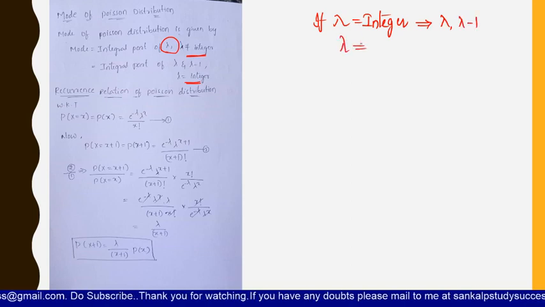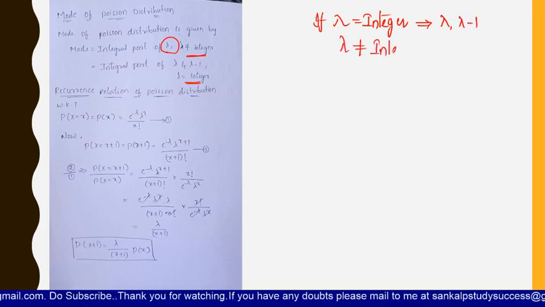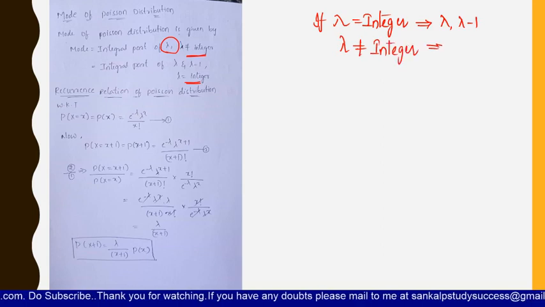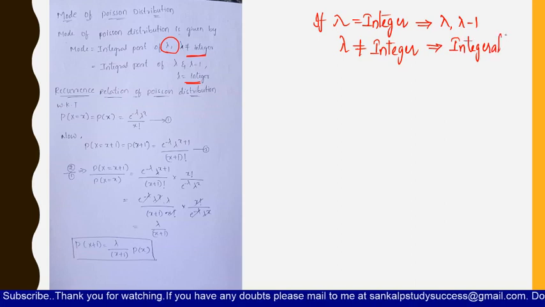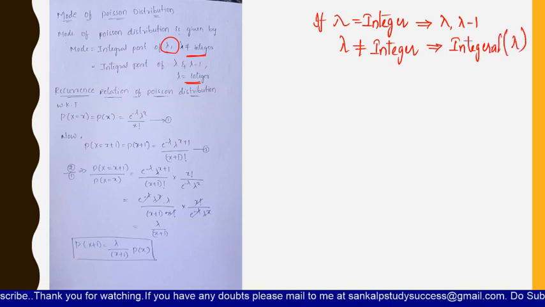If lambda is not an integer, then you have to just take the integral part of lambda. So the integral part of lambda is the mode. It will become the mode of the Poisson distribution.